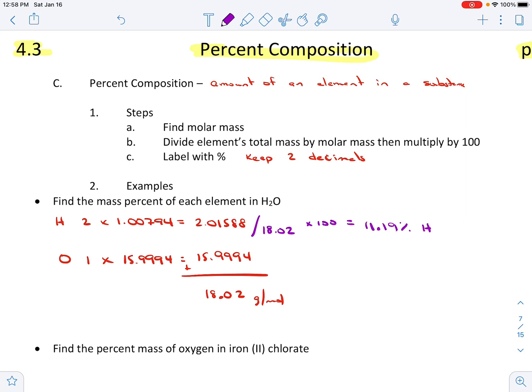So, excuse me, had a sneeze there. All right, so we're going to take 15.9994 and we're going to divide by 18.02 times 100. And we're going to divide that by 18.02. And we're going to get 88.79%.